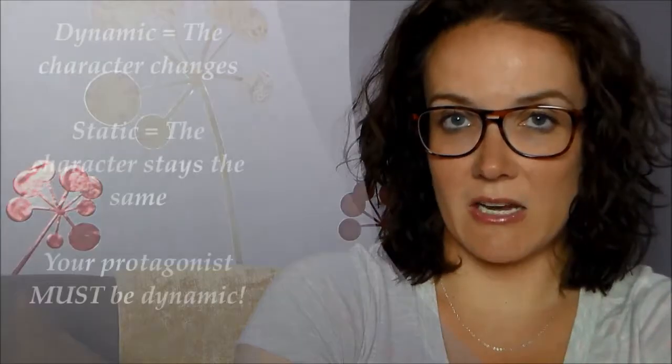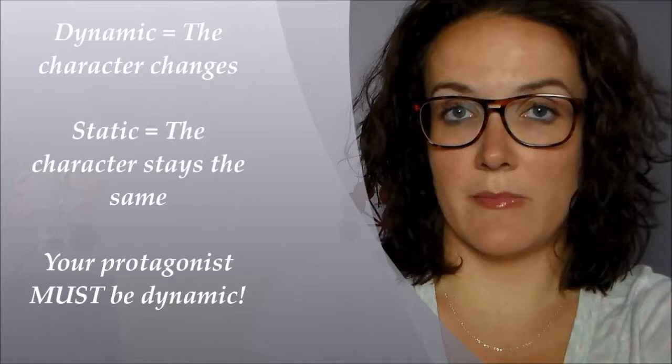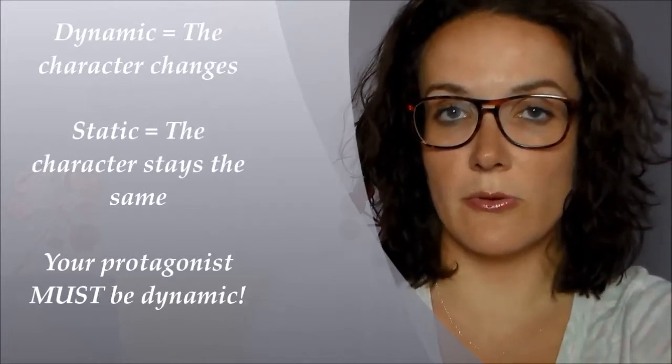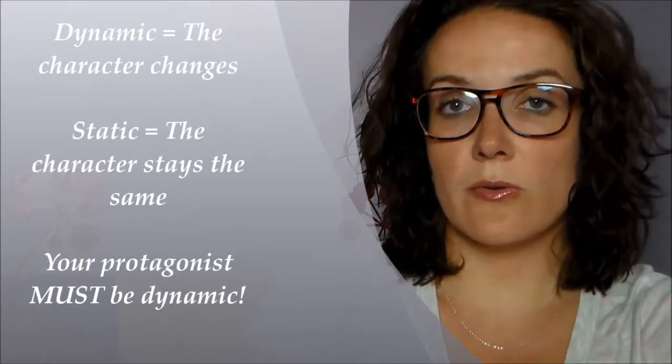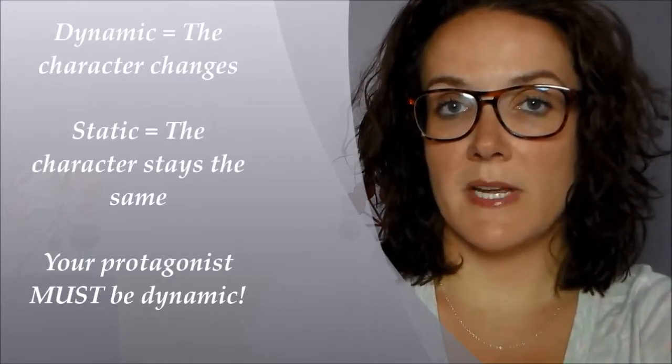Now, there's lots of things that go on with characterization. So I guess where I want to start is there are dynamic and static characters. And ultimately, you want your protagonist to be a dynamic character. What I mean by dynamic is the character needs to undergo a change either through your story or through the series if you're working on a serial. So your characters need to be dynamic.